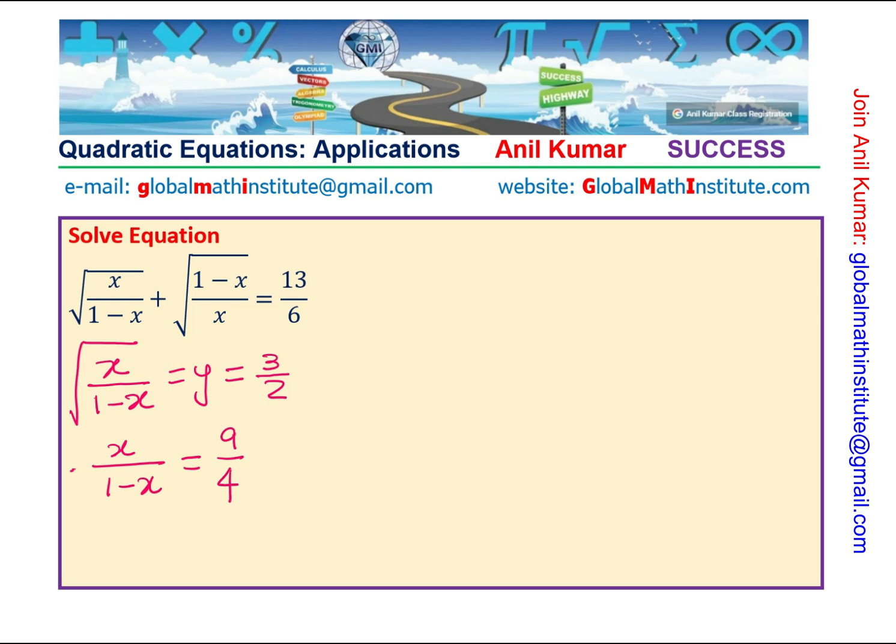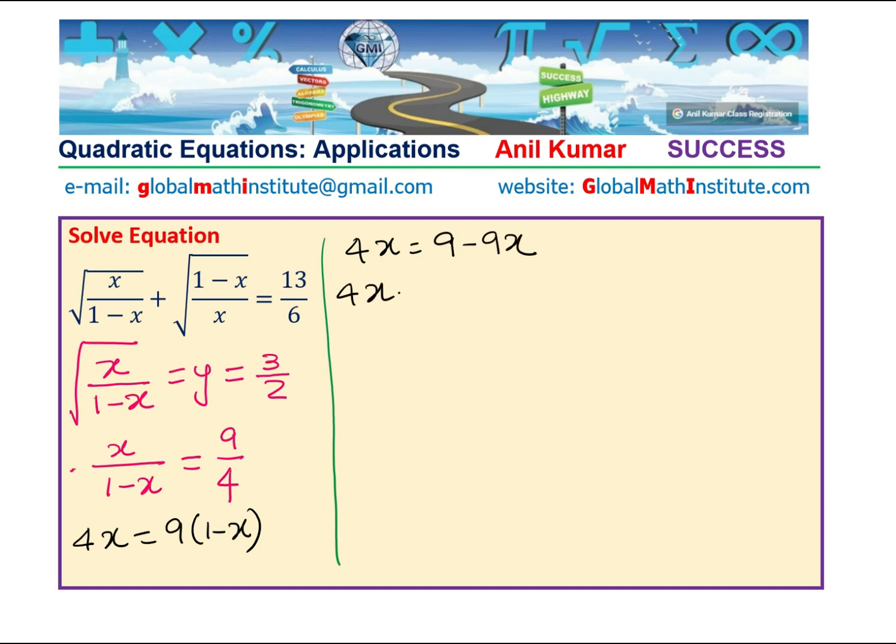Now we cross multiply, so we get 4x equals 9 times 1 minus x. Open the bracket and simplify. It gives you 4x equals 9 minus 9x. 4x plus 9x equals 9. 13x is 9 and x equals 9 over 13.